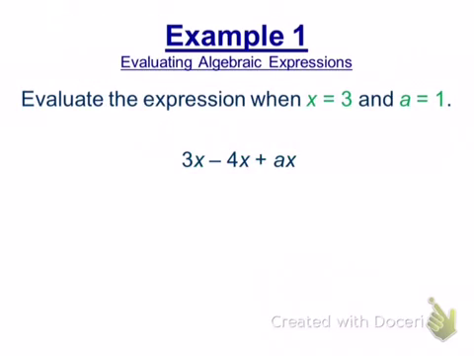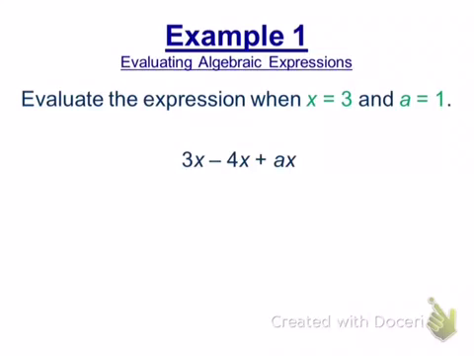Example 1. Here's what we're doing. We are going to evaluate the expression that is given here when x equals 3 and a equals 1. Okay? Now, what kind of expression is this? It's an algebraic expression, right? So they're telling me to find the value of this algebraic expression when x equals 3 and a equals 1.